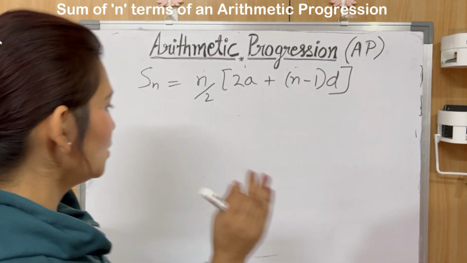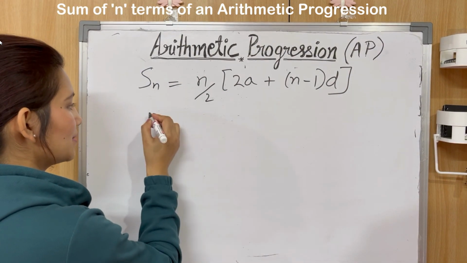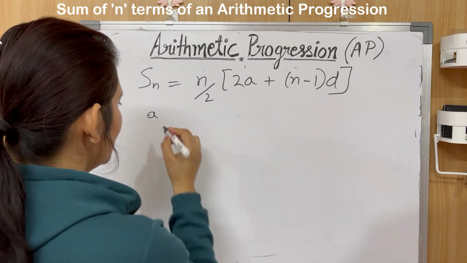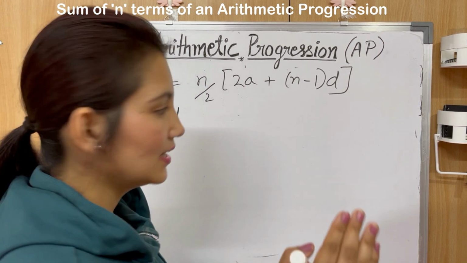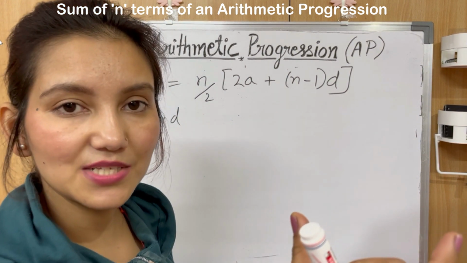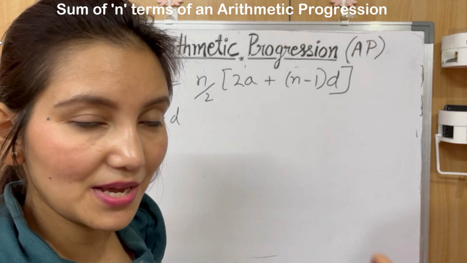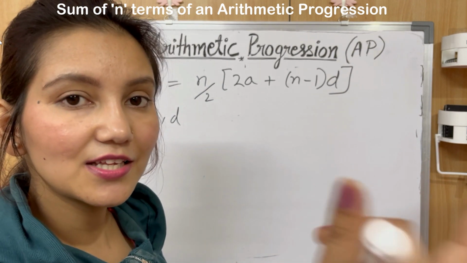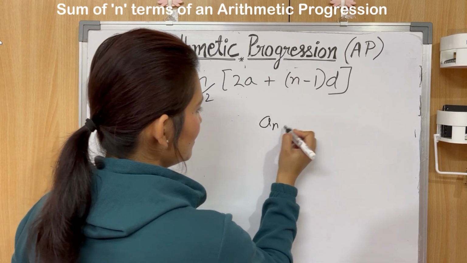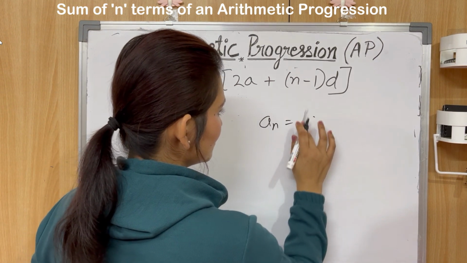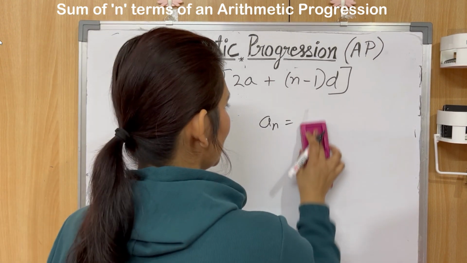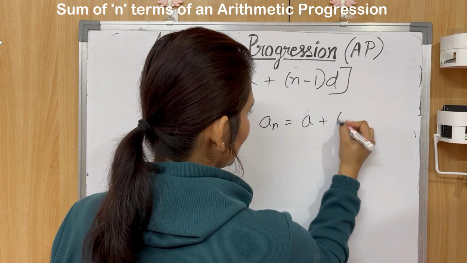Let's say there is an AP in which the first term is a, the common difference is d, and there are only n terms in that AP. So the nth term would be an, and the nth term is given by a plus n minus 1 d.